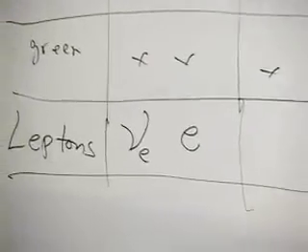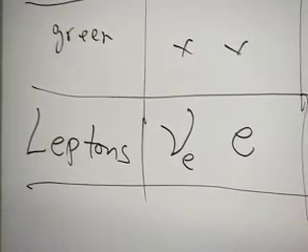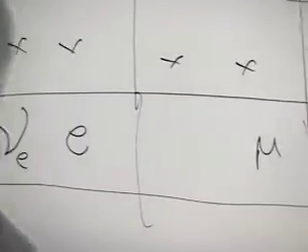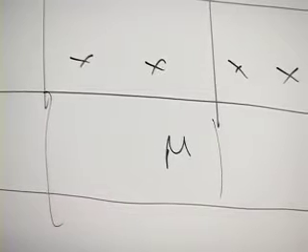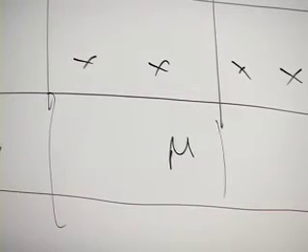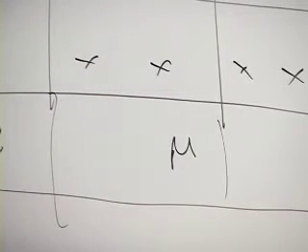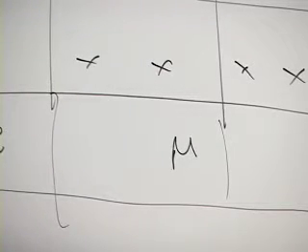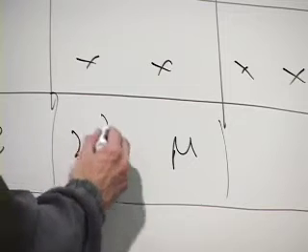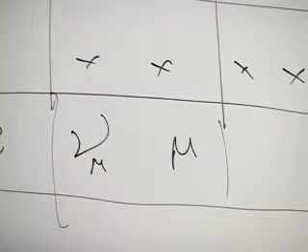What comes in the next column? The muon. The muon, in every respect except for mass, is the same as an electron, just as in every respect except for mass, the charmed quark is like an up quark, or the strange quark is like a down quark. And together with it, there's its own neutrino, the muon neutrino.